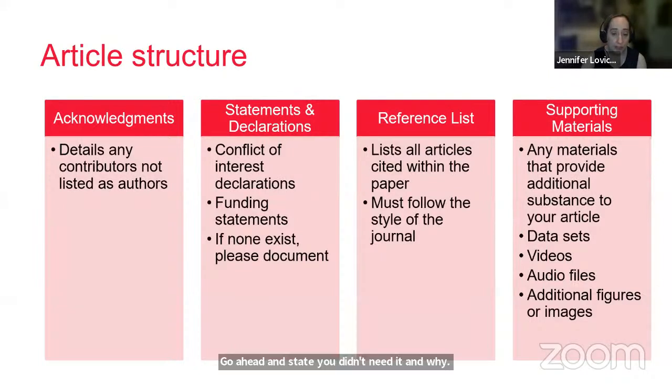In the medical fields, there are some additional requirements, so it's always good to check journal manuscript submission guidelines when preparing your manuscript. And if relevant, provide relevant reporting checklists for your study type. These are found on the Equator Wizard website. You can also provide a copy of a completed reporting checklist, which shows what changes you made and what pages they appear on. You can include this as a supplemental file with your submission.